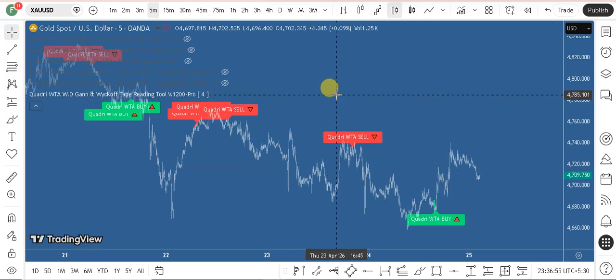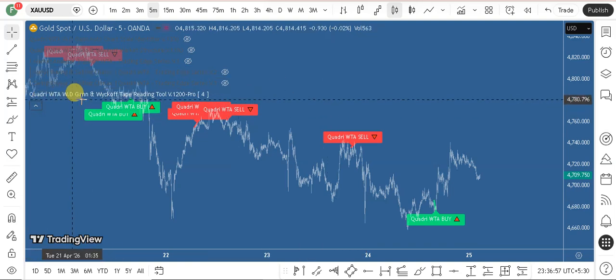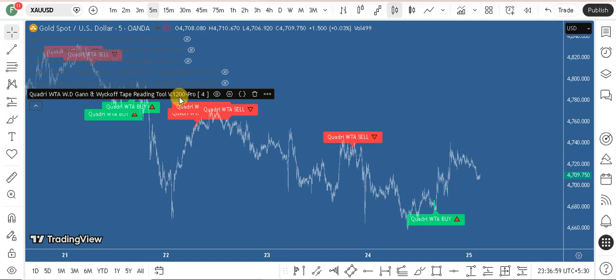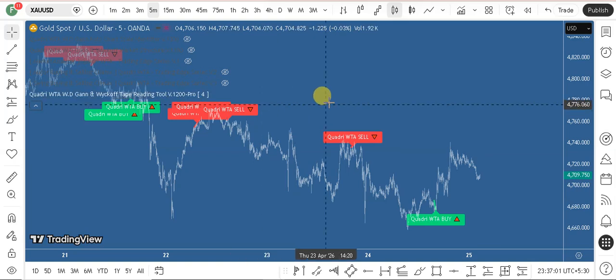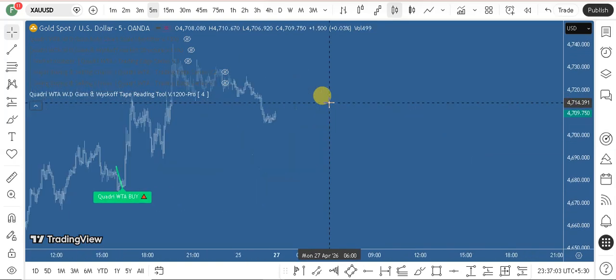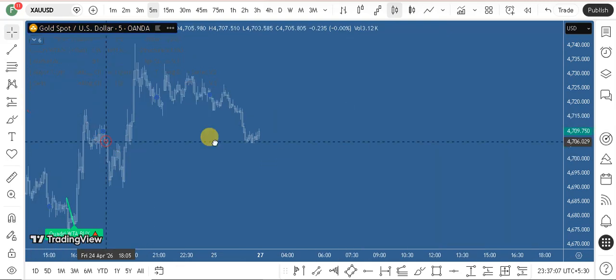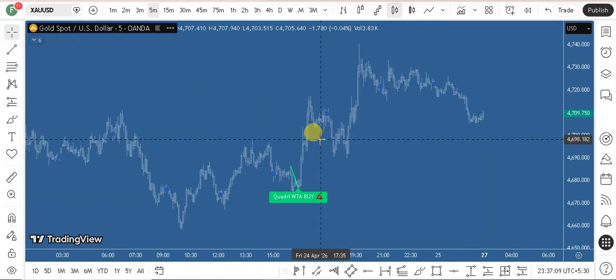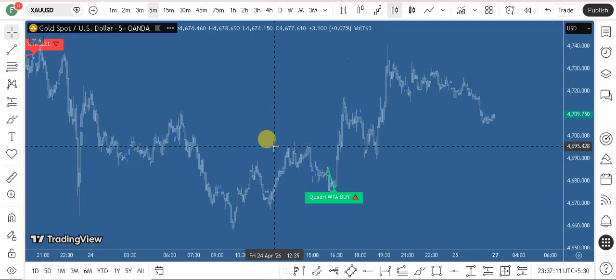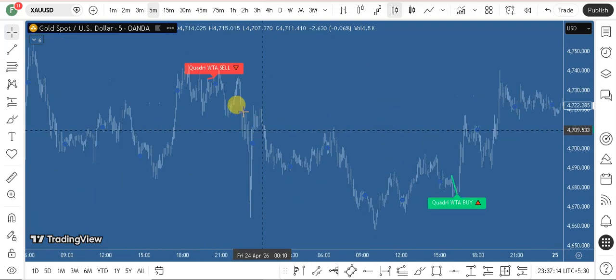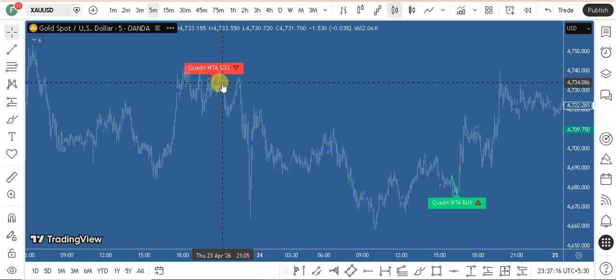Now this is the WD Gann and Wyckoff tape reading tool version 1200. Basically, it plots a buy and a sell level, unlike 1100.